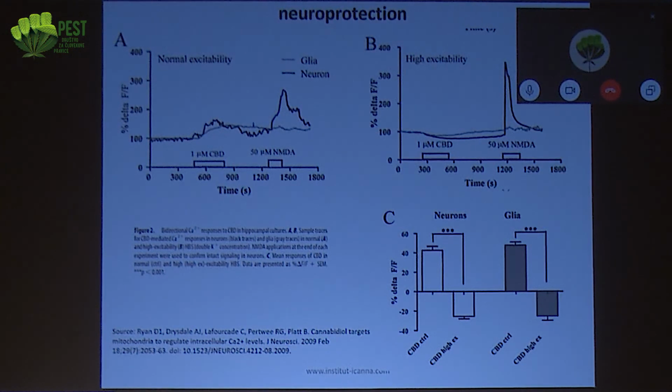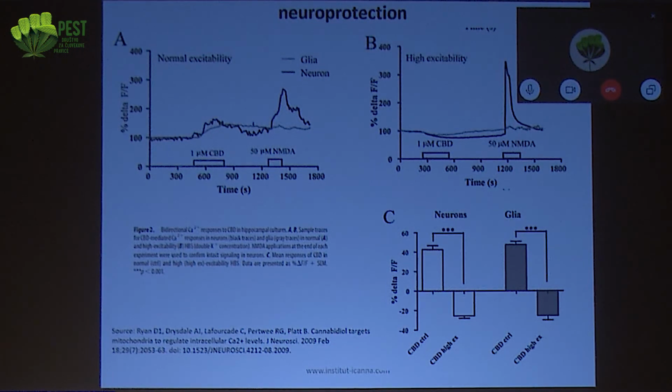This is also a very important fact, because we know that in neurons, very high levels of excitability can cause death of neurons or other kinds of symptoms. So this activity of the cannabinoids, of CBD in this case, to reduce this excitability is very important for the general protection of the neuronal system.